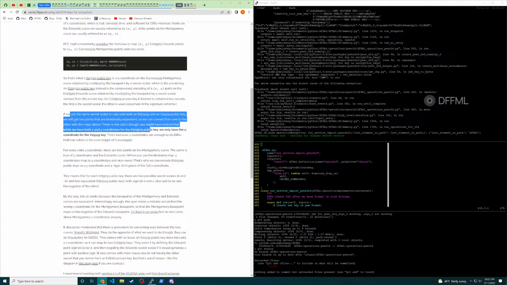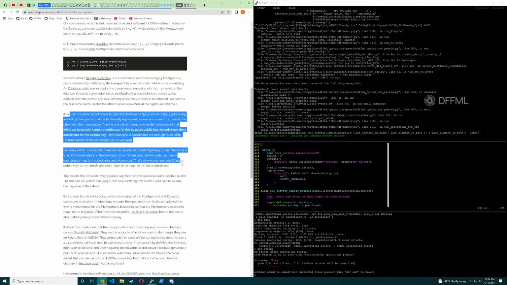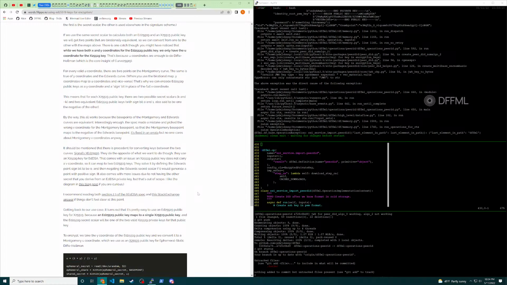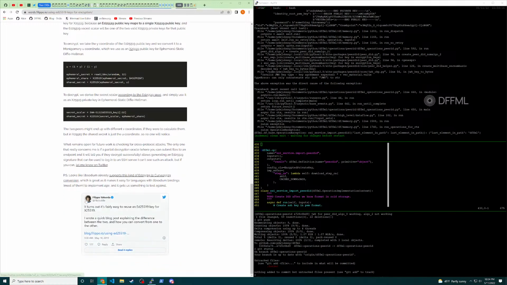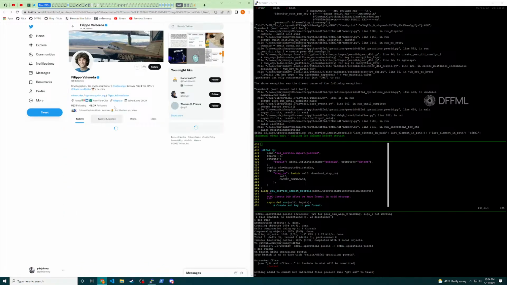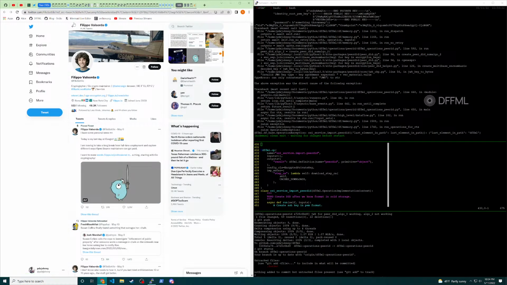Notice that, both an X and Y aren't enough to do that. That's because for every valid U coordinate, there are 2 points on the Montgomery curve. This is the same as true of Y coordinates in the Edwards curve. That's why we can encode in the Y sign bit. This looks like some hacky shit. This is sketch. Okay, never mind. All right, he knows what he's doing.